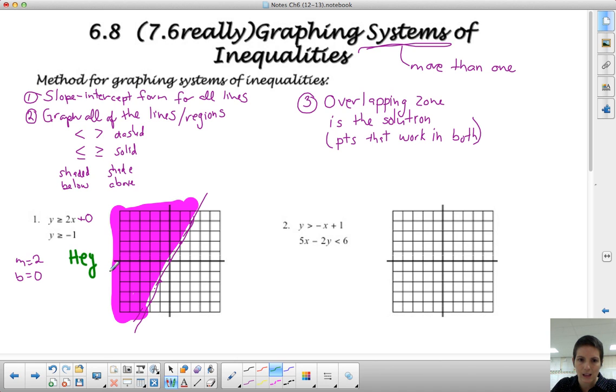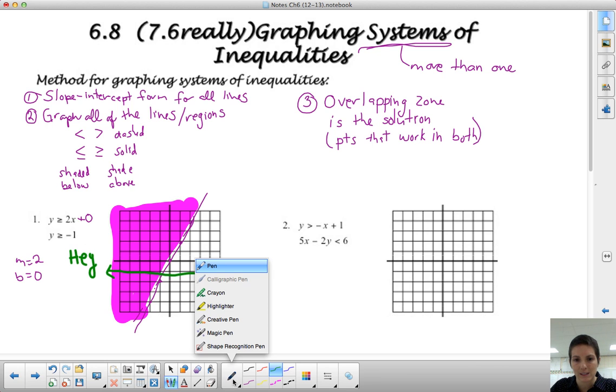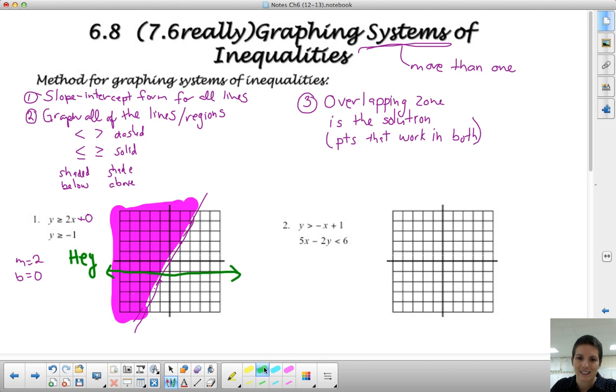So a horizontal line at -1. It's going to be a solid line because the inequality has an equal to. And the shading on that particular line is greater than because I have a greater than sign. So we use our shading and we shade greater.